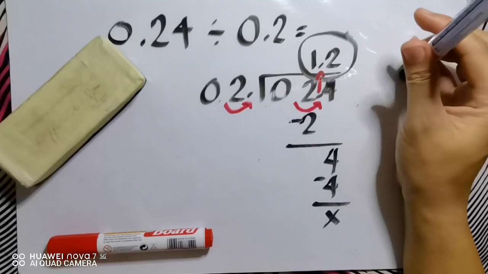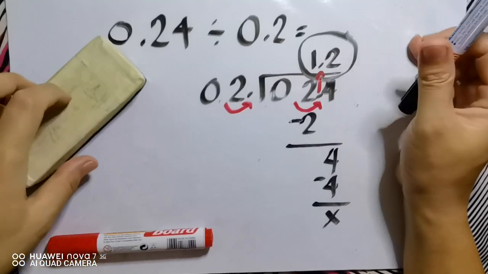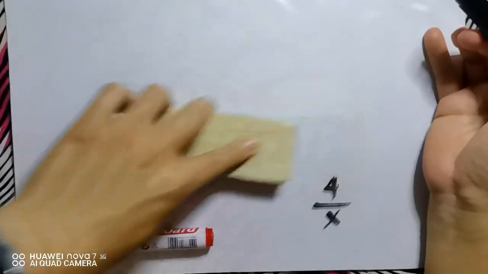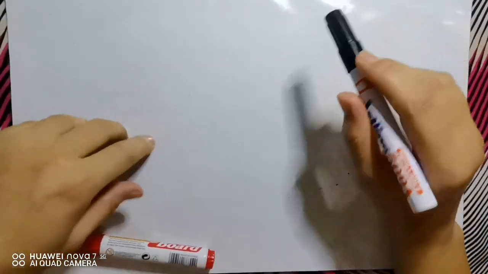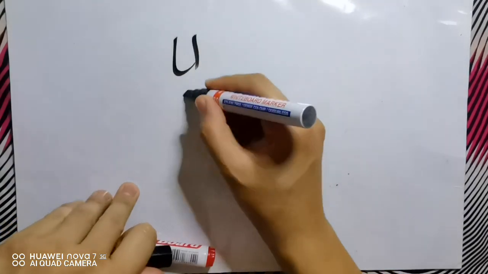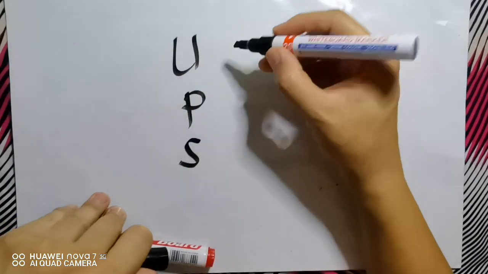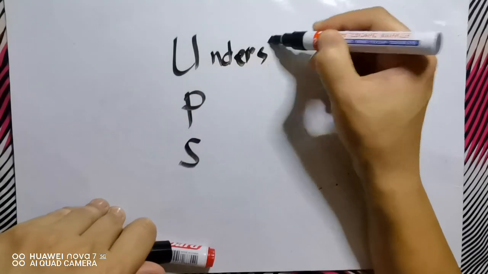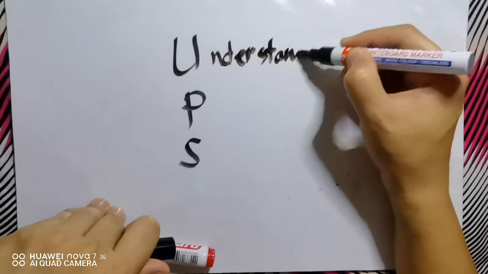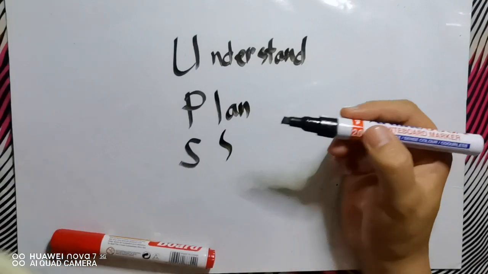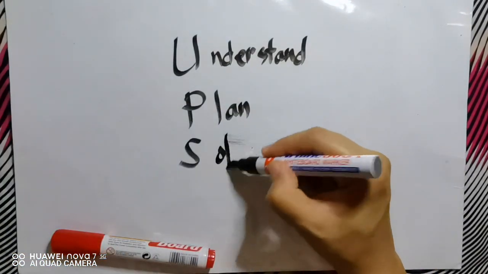Now, after dividing, actually, you see there, merong mga problems. Kung ano man yung lessons na ginagawa natin, mga lectures na binigay ko, they are all the same. So, in answering word problems, you just need to use the 3 steps, the U, the P, and the S. So, you have to understand, you have to plan, and you have to, last one is solve.